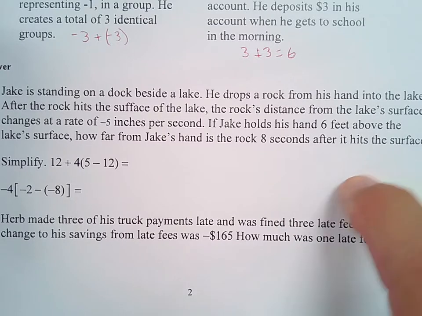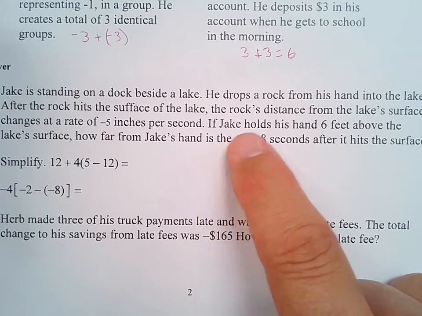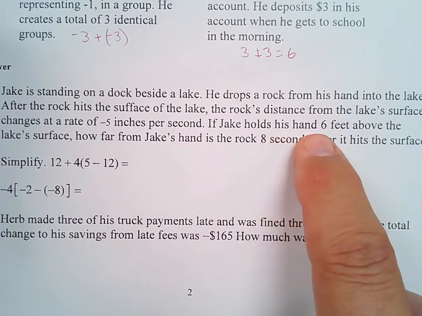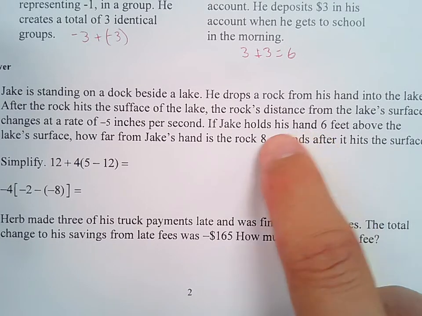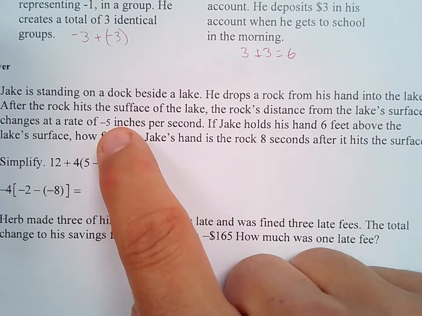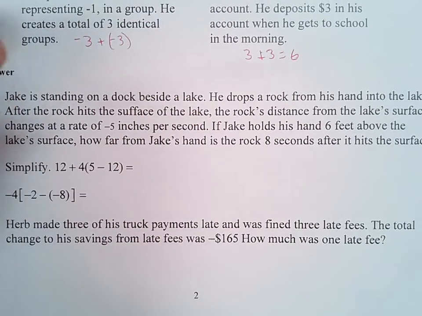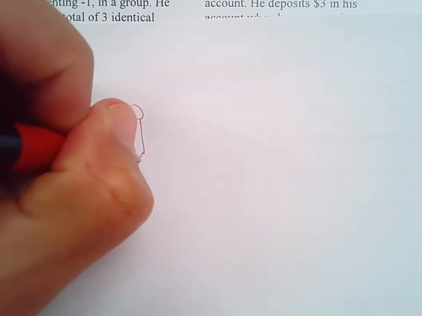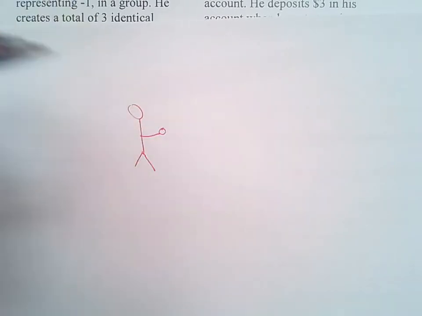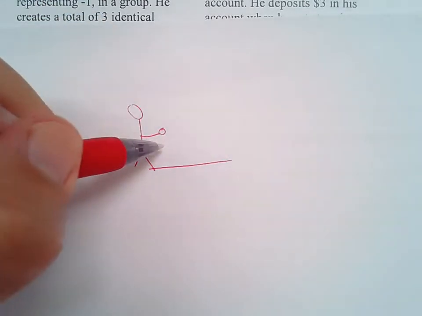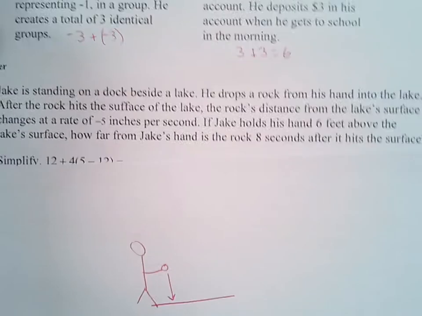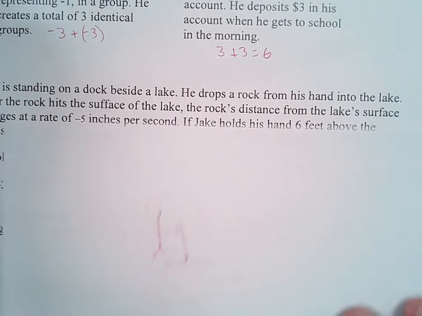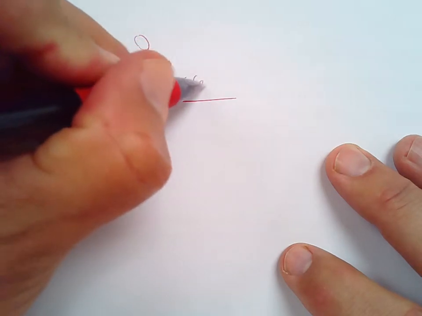So we have, he has 6 feet right there, and you have negative 5. So you have Jake, and here's Jake. Jake is standing here, and he has the rock, and there's the water surface, and right here he drops it, and it goes 6 feet. So this is 6 feet.